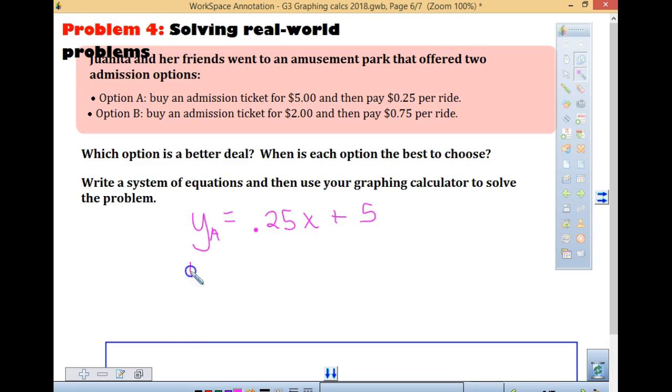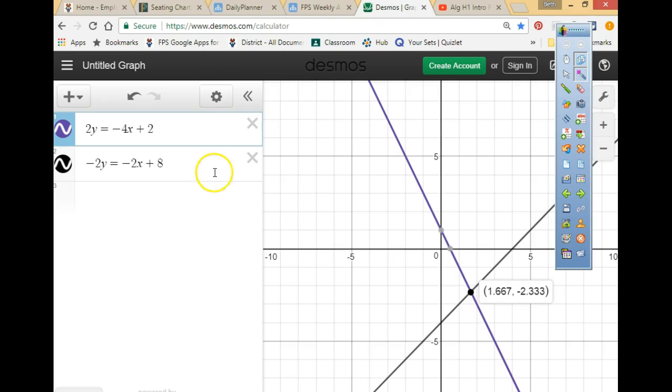So now I'm going to have y sub b, and that just means it's choice b. And Logan, if I'm looking at choice b, how much was my rate of change per ride? 0.75x. And then Emily, I should have plus, how much was my entrance fee or beginning? Plus 2. So put these, what's that? Oh, 0.75. Thank you.